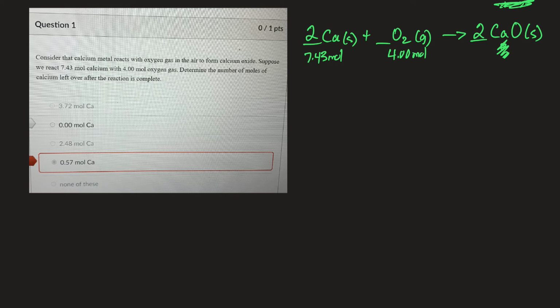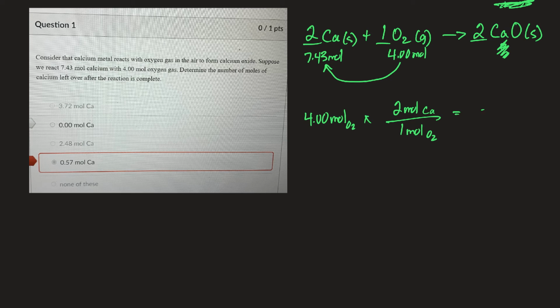All right, okay. Well, let's maybe start with the oxygen and do a mole ratio to see how much calcium would be required if I used all the oxygen. So if I have 4 moles of oxygen, using a mole ratio, it would be 2 moles of calcium for every 1 mole of oxygen.